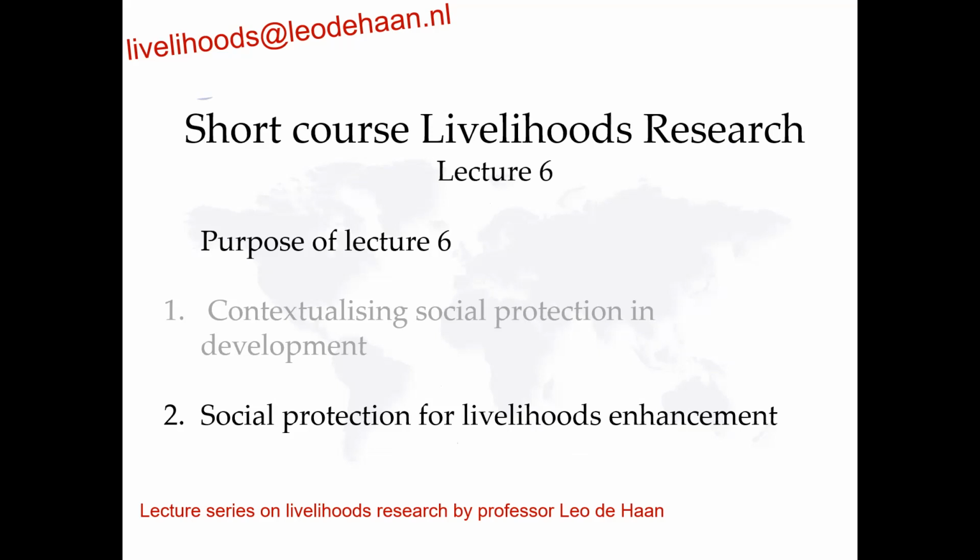In lecture 5 I explained that in modern livelihood studies, understanding social exclusion is key. I also made clear that social exclusion is not a simple mechanism, but that it consists of multiple overlapping disadvantages the poor are confronted with.